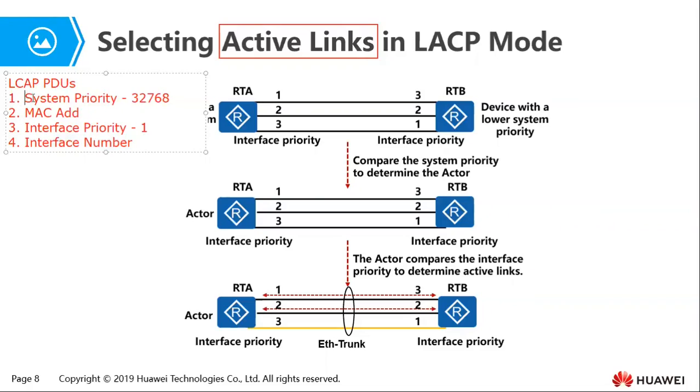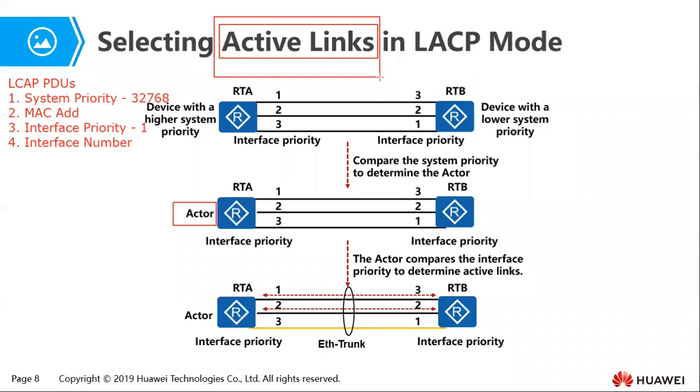Now, these parameters are used in selecting what we call an actor, and also in selecting the active links. So let's see how from this particular example here.